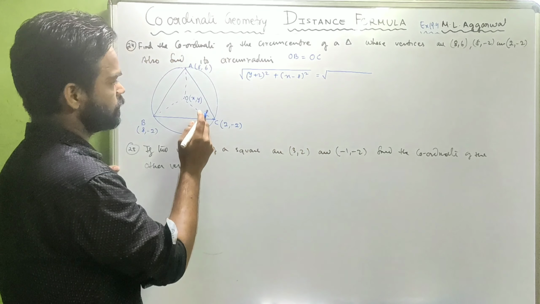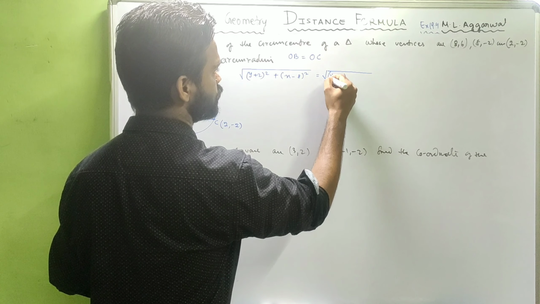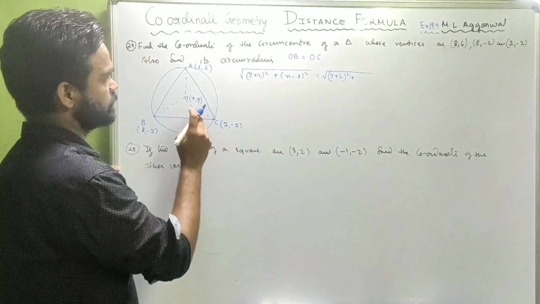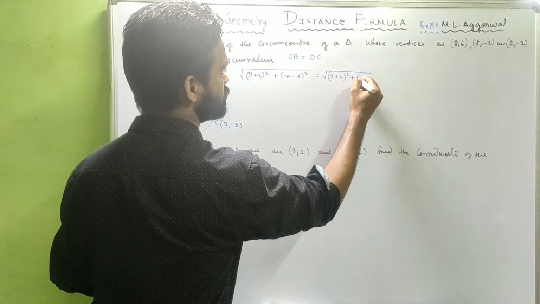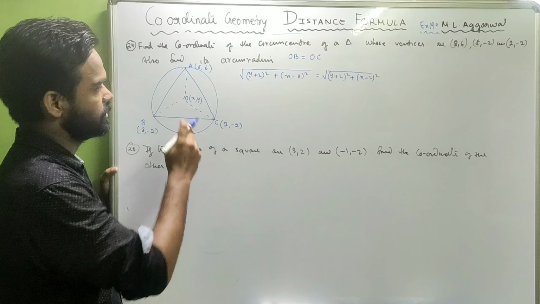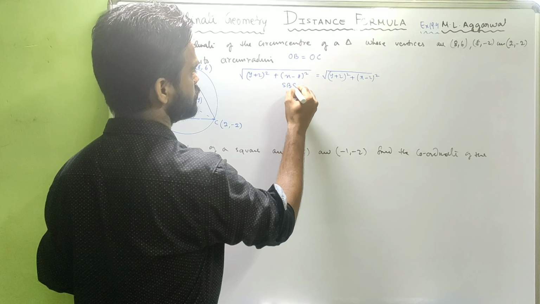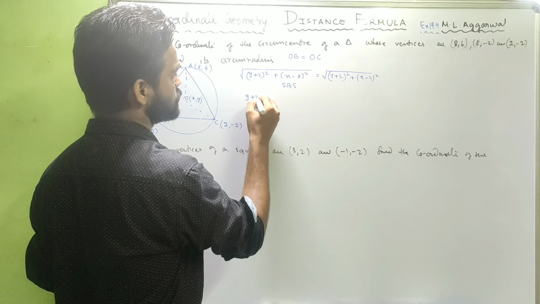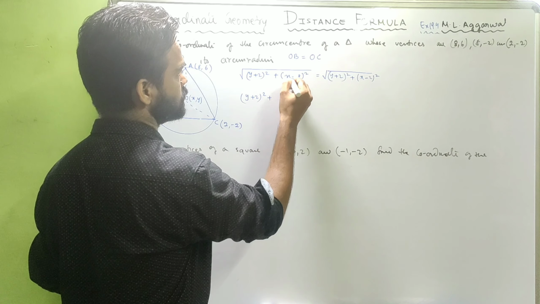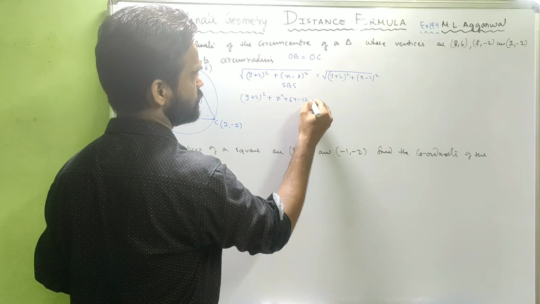Again, OC is what? (y minus of minus 2), that's plus 2, (y plus 2) whole square, plus the (x minus 2) whole square. Am I clear or not? x2 minus x1 whole square. Now squaring both sides. So look carefully, this becomes (y plus 2) whole square plus, when you open it, a square plus b square minus twice ab.